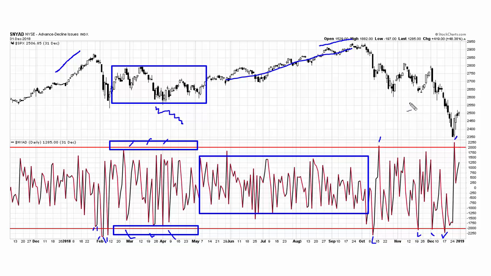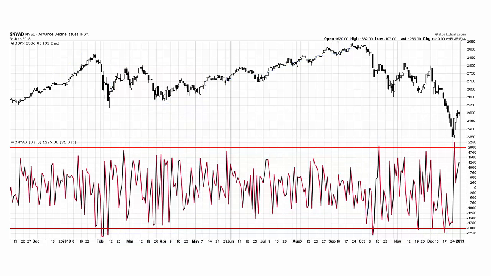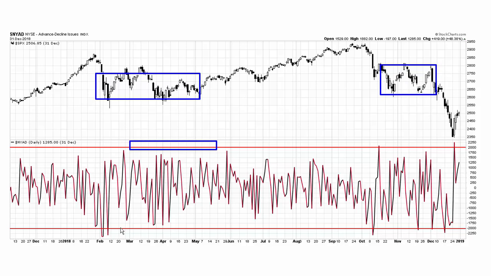Okay, so once the downtrend started, the fact that we were getting these extreme prints told us that there probably was going to be some more downside coming. And if you compare that to the left side here, where there were no extreme prints, you can tell a difference. If you were to compare this and this, here there were no extreme prints, but here we were getting extreme prints, and we didn't get very many over here.